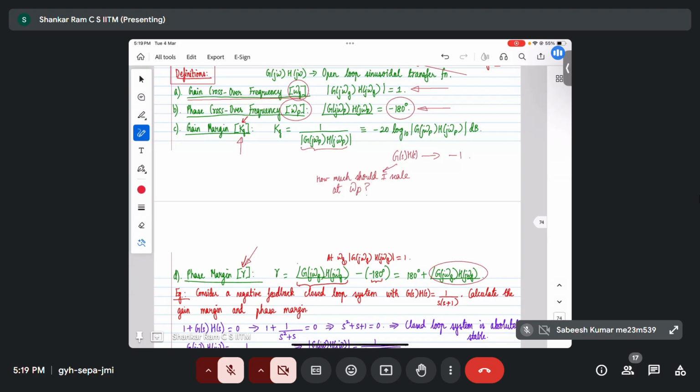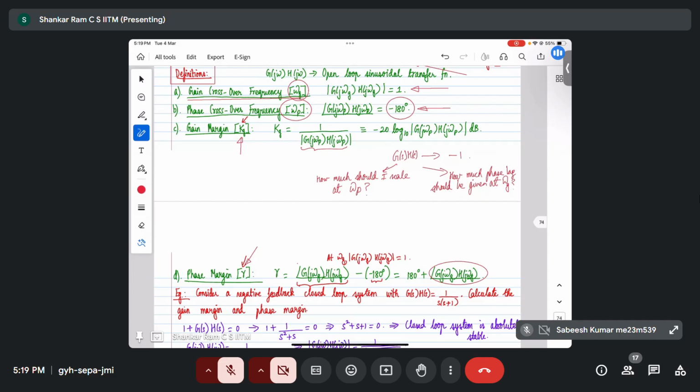Why minus 180? Because at ωg the magnitude of the open loop transfer function is already 1.